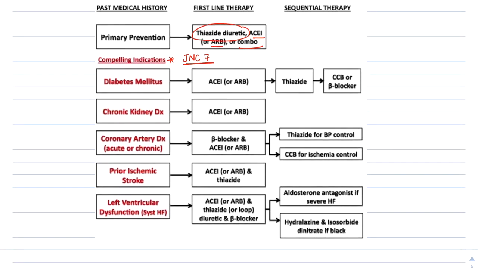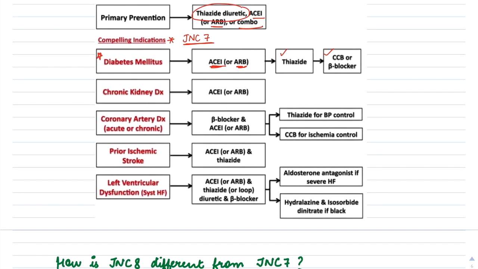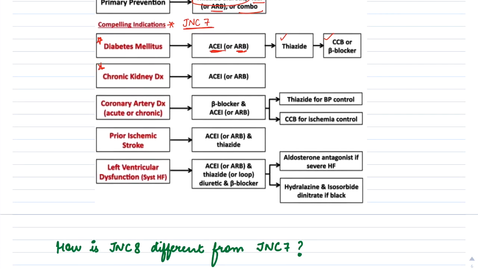But just to know, if someone asks about a compelling indication of diabetes mellitus, then ACE inhibitor or angiotensin receptor blocker is the first line of therapy. The sequential therapy can be thiazide diuretics or calcium channel blockers or beta blockers. For chronic kidney disease, ACE inhibitors or ARBs are to be preferred.